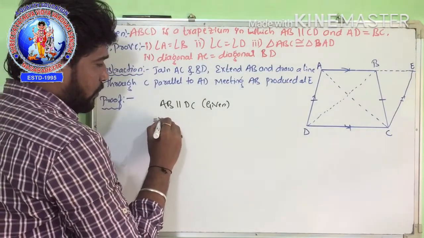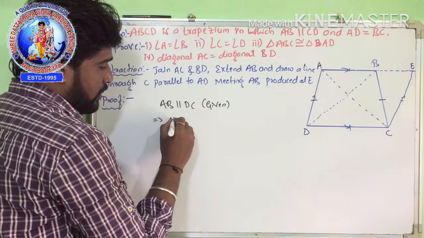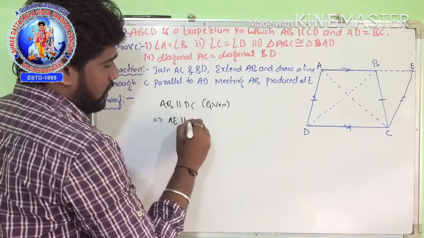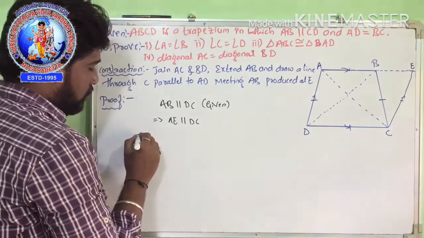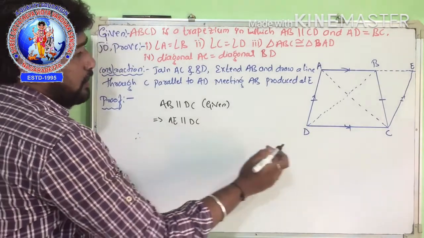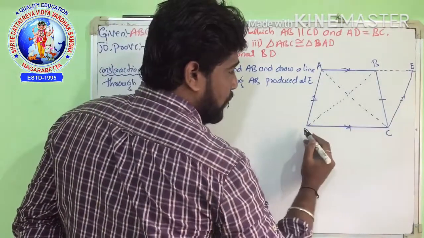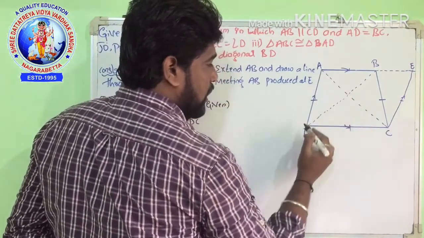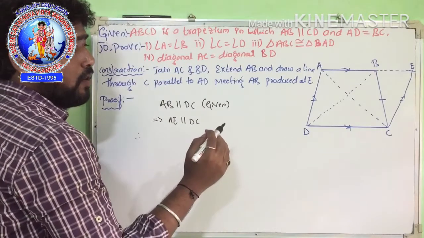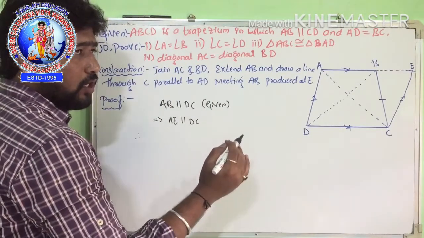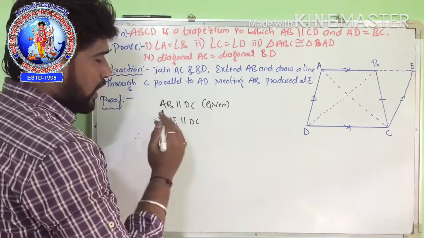So this implies AE is parallel to DC, right? So now therefore, AE is parallel to DC, it means ADCE is a parallelogram. In a quadrilateral, one pair of opposite sides equal and parallel means it is a parallelogram.